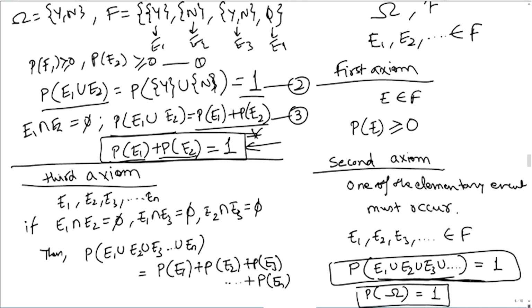So, what we have seen is that the three axioms of probability define the constraints on the probability assigner function. Okay. And we have derived it for a very simple example where the possible outcomes are yes and no. And what we see is that the probability assigner function should be such that the summation of probabilities of elementary events, here the probability of E1 and the probability of E2, should be equal to 1.